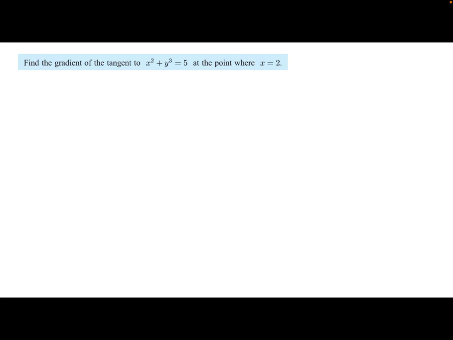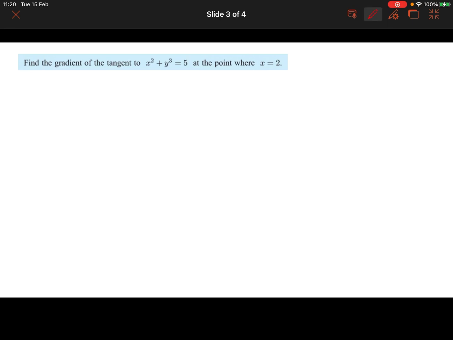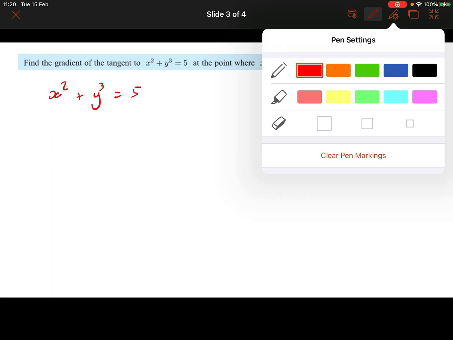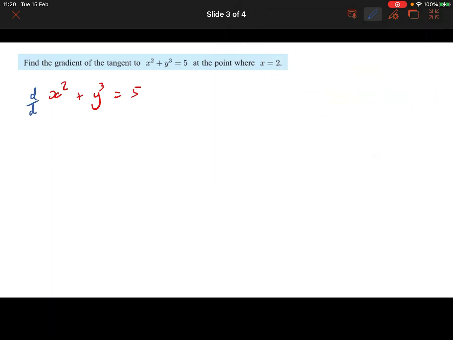So you can then start to apply all of this stuff, same sort of things that we can do with normal differentiation. So we've got x squared plus y cubed equals 5. We're asked to find the gradient of the tangent at the point where x equals 2. So let's do an implicit differentiation.